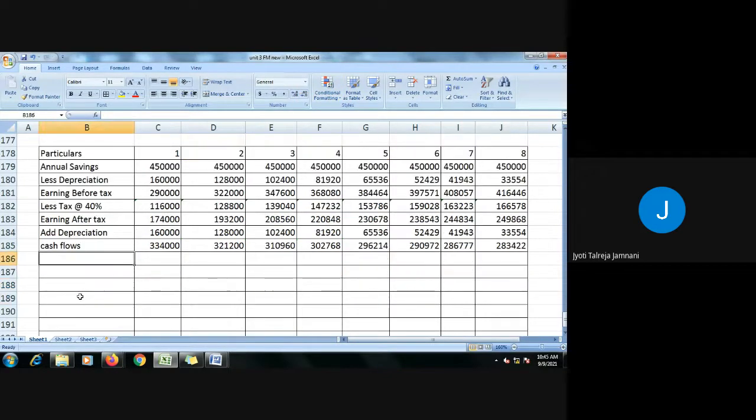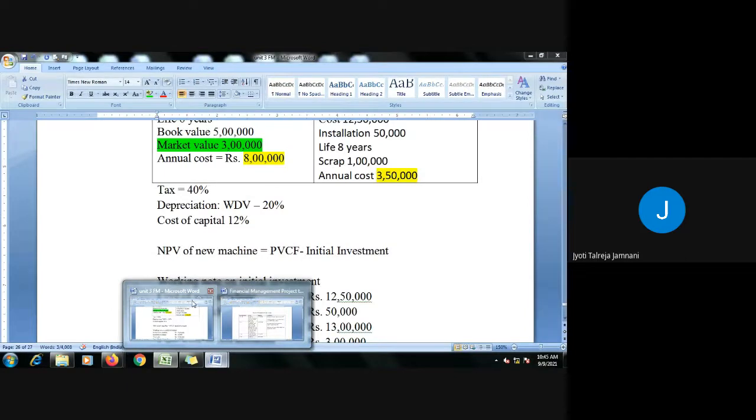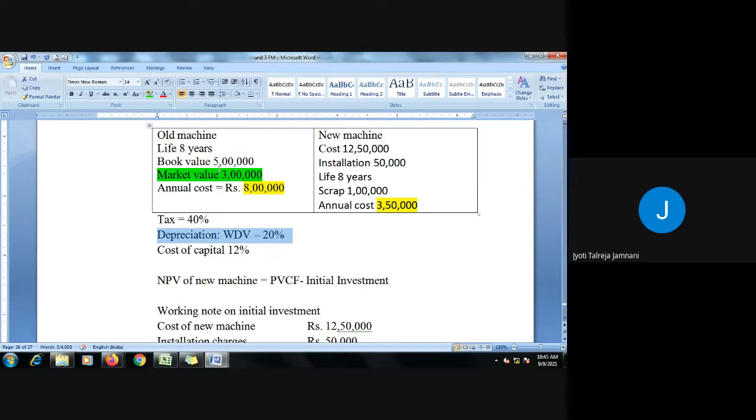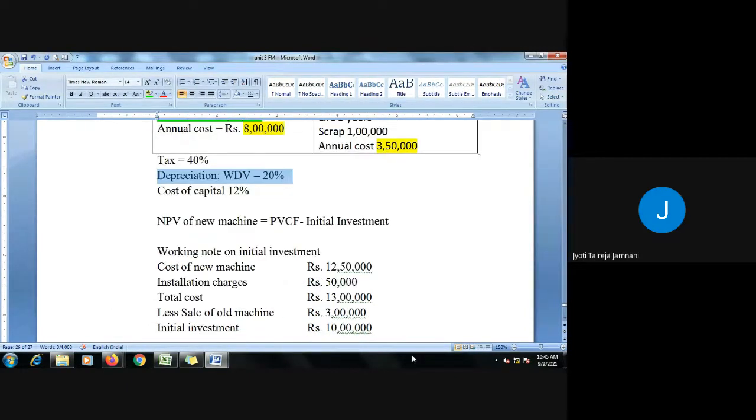Now what we have to do next is we have to see the salvage value. Salvage value is also a cash inflow, because when you sell the new machine, whatever you recover will become your salvage value. Now see here in the question, this old machine you have already sold and you have recovered 3 lakh, which you showed in the initial investment calculation.